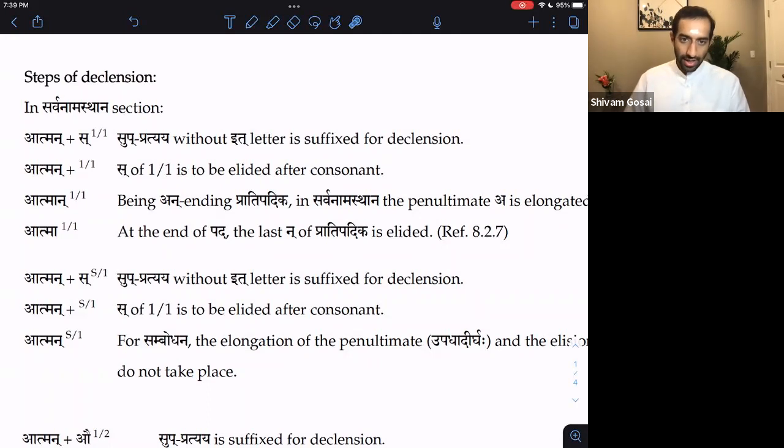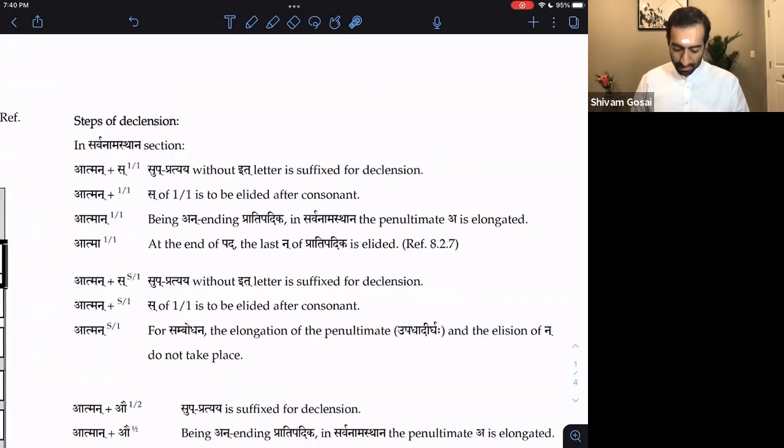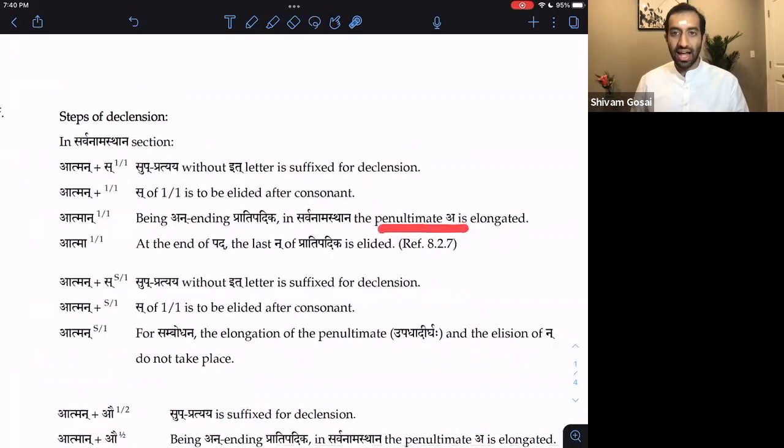Now, in an-ending pratipadika, in the Sarvanamasthana section, that 5-box section, the penultimate akara becomes dirgha.